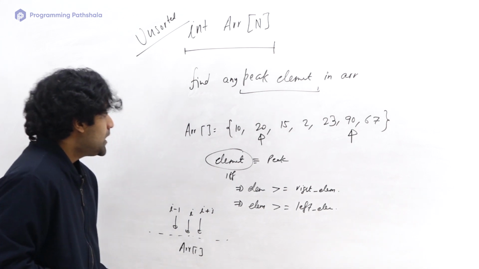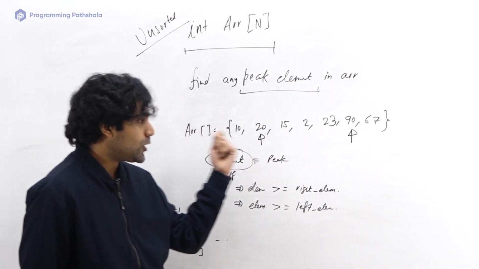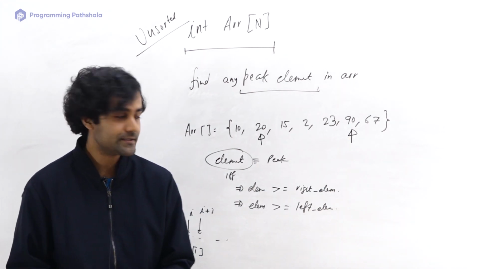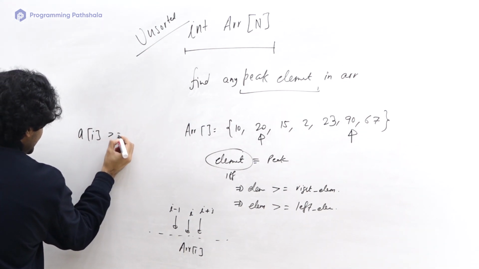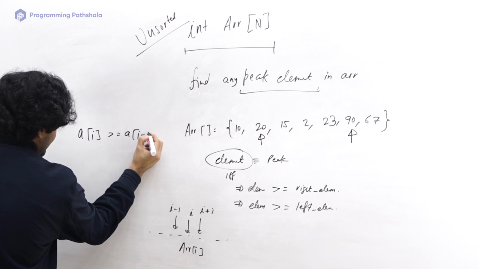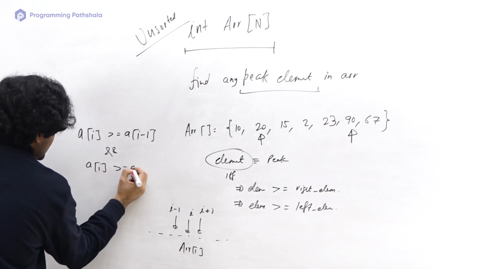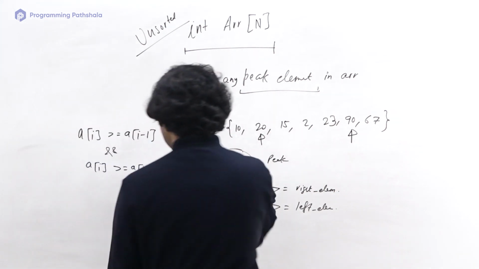Okay, cool. So now that we have understood this, all of us can solve it using a linear search, because the rule simply says that a of i should be greater than or equal to a of i minus 1, and a of i should be greater than or equal to a of i plus 1. That is all I want. See, there is an equality.